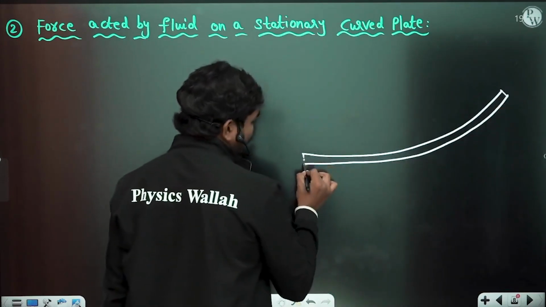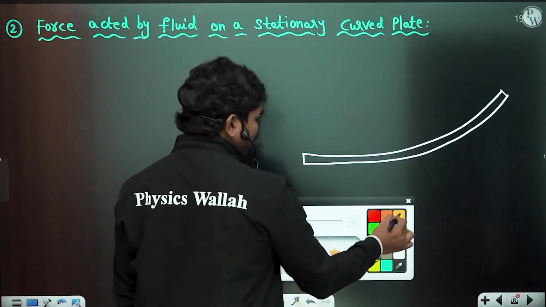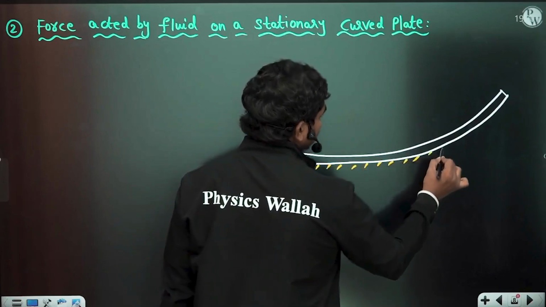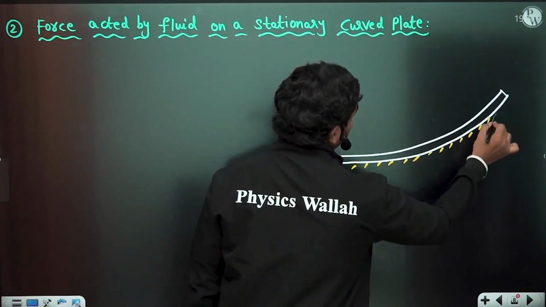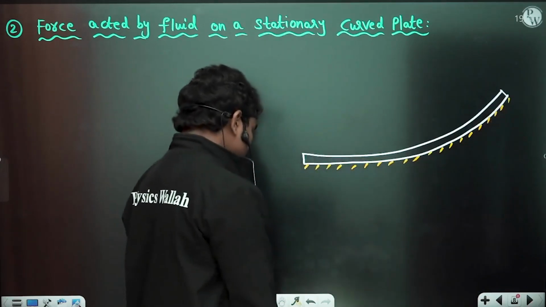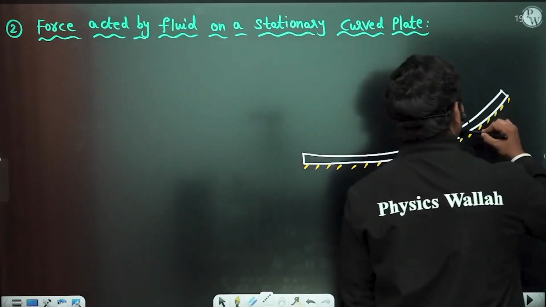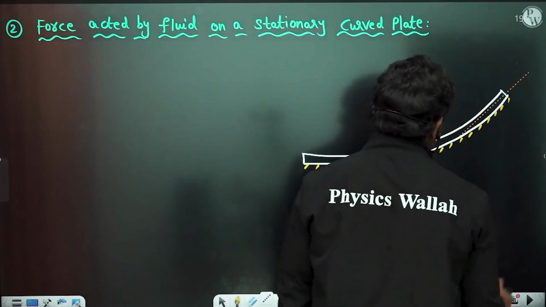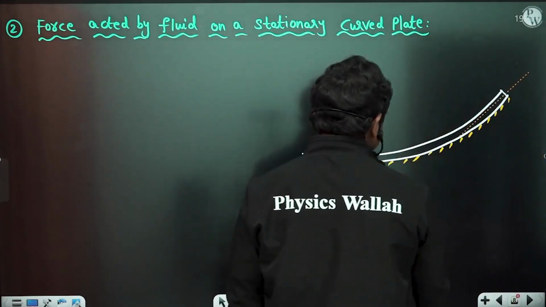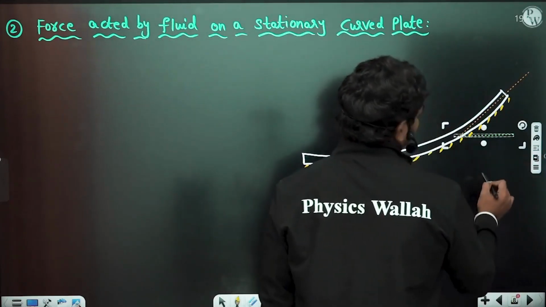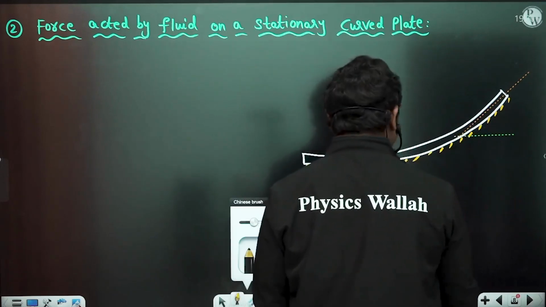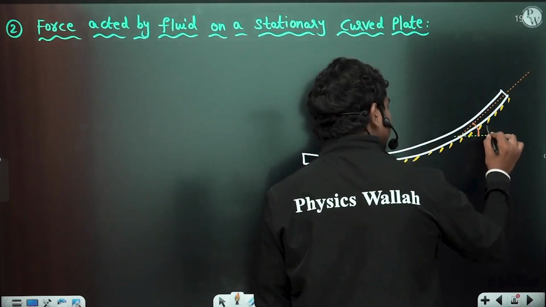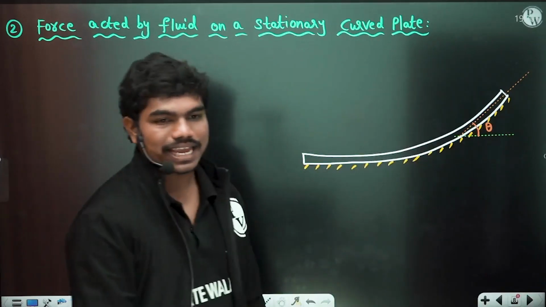It is a fixed plate, and let us suppose this plate is at an angle theta to the x-axis, to the horizontal. Then with the horizontal the jet is getting deflected by an angle theta, so this angle is theta in this case.